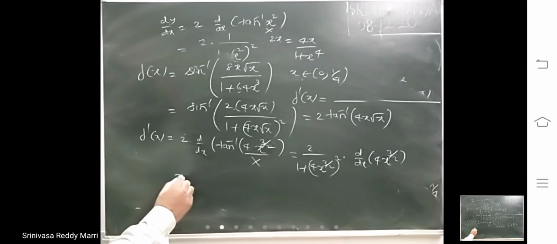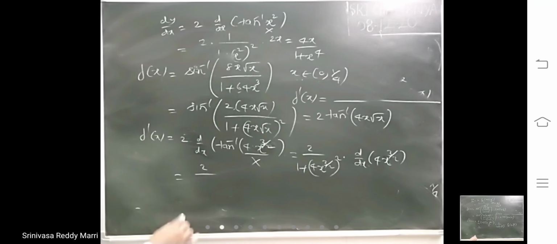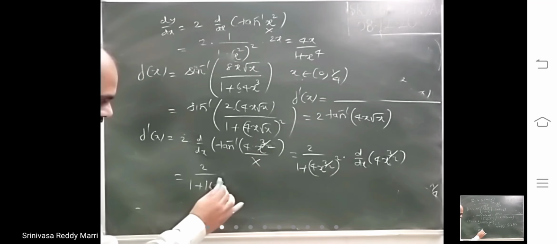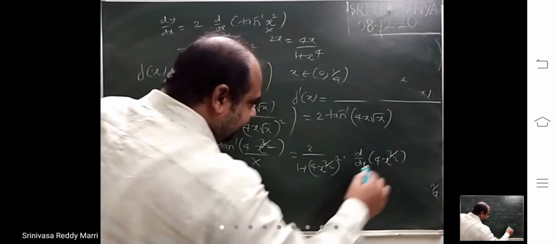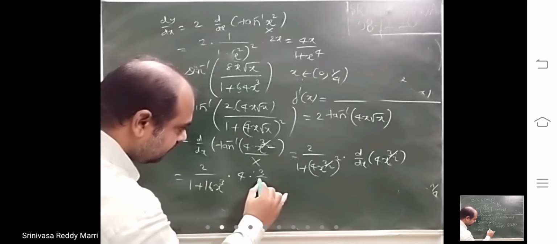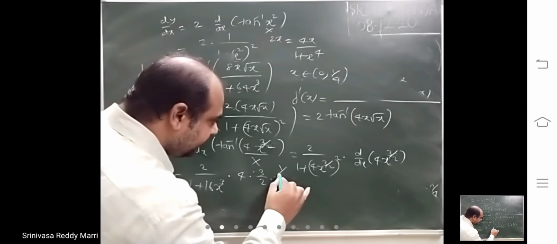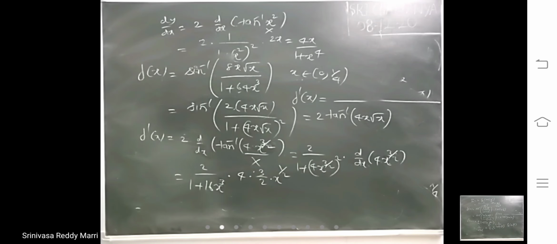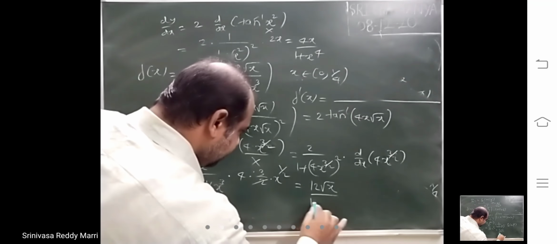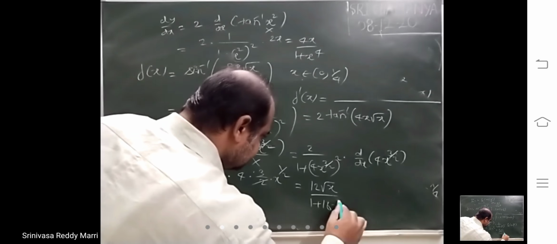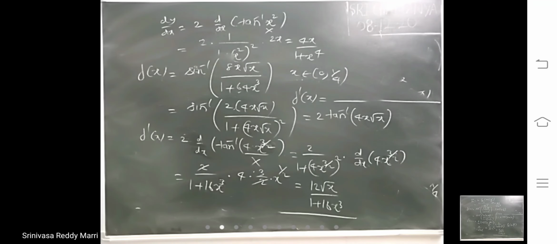That means 2 divided by 1 plus 16x cube, into 4 outside, x power n, x power 3 by 2 minus 1. So this comes out to be 12 root x divided by 1 plus 16x cube. This is the answer.